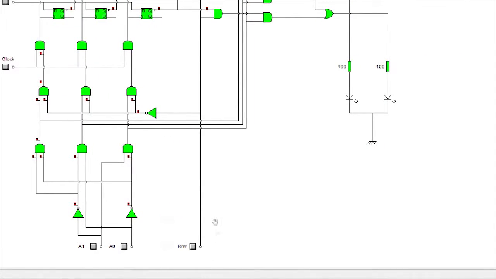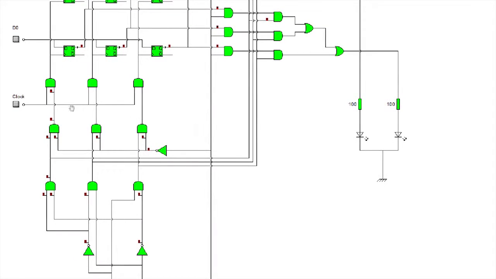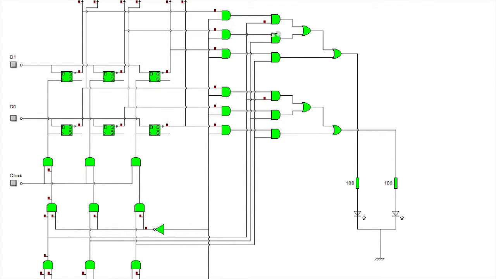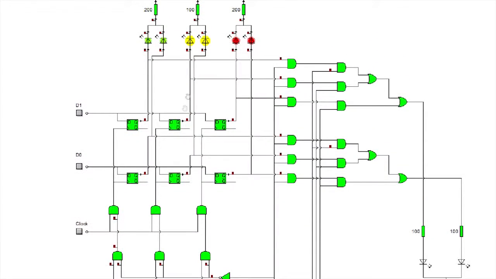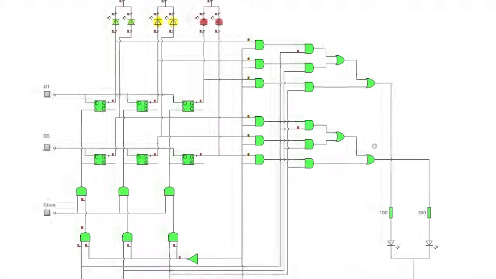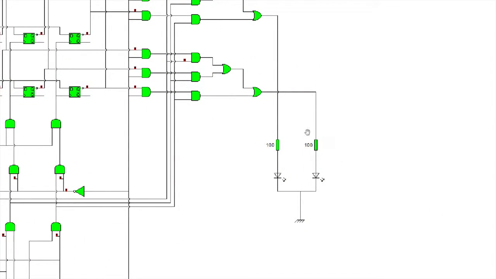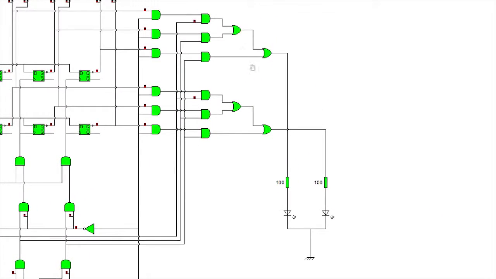We have the read and write leads that connect to the address encoder and decoder. We have the memory cells, which determine the amount of data in the memory location. And we have these 6 LEDs that determine the memory locations of these memory cells. And finally, we have our output, which is determined from our address decoder.